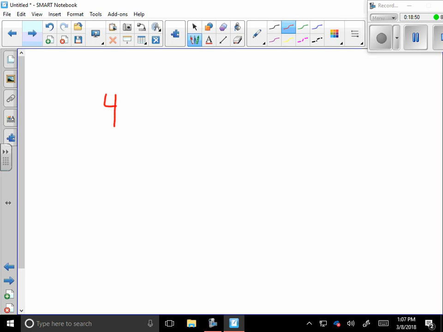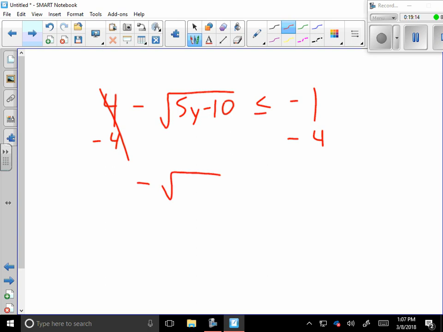Next one we have 4 minus a square root 5y minus 10 less than or equal to -1. So a couple weird things have to happen here. We subtract 4 from both sides. We know we got to do that first. So we're left with a negative square root of 5y minus 10 less than or equal to -5.